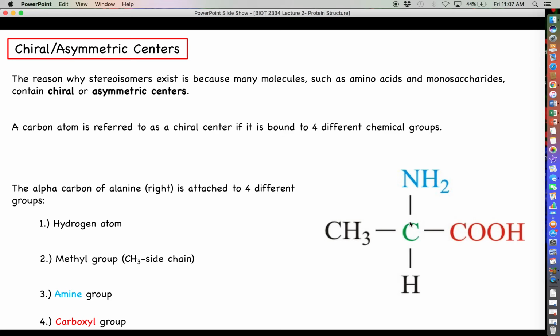You've got your central carbon, amino group, carboxyl group, hydrogen atom, side chain. So this is an asymmetric chiral center because this alpha carbon is attached to 4 different things. This is unique, this is unique, this is unique, and this is unique. So those are 4 different types of things that are attached to that central carbon, meaning that how we actually position those things around the alpha carbon is going to impact what that molecule actually ends up being.